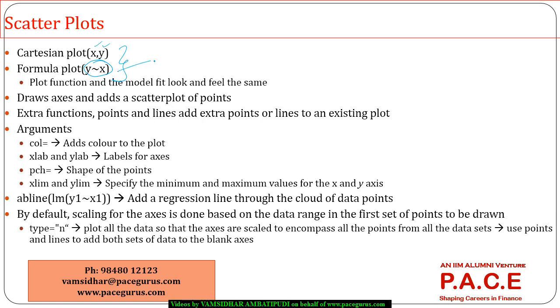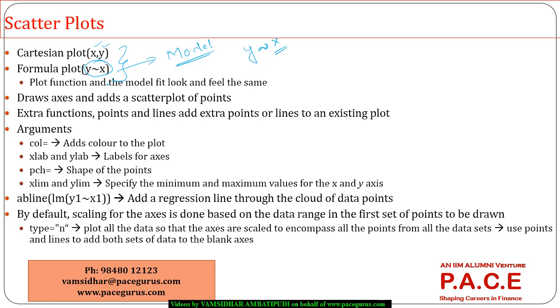So this looks more and more like a model, right? Any model that we create, we create in the same manner: the y being the response variable, we model it with a tilde sign, x being the explanatory variable.